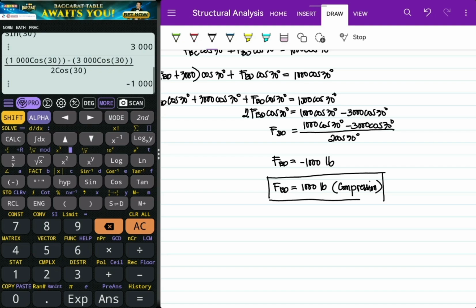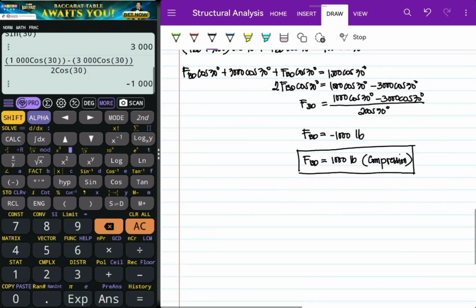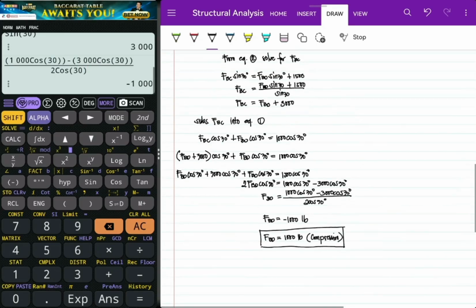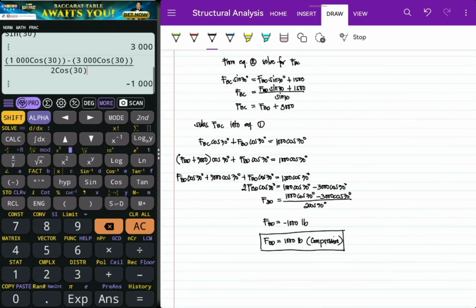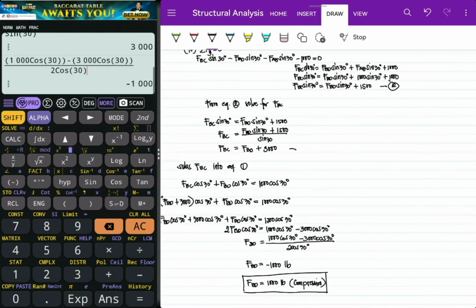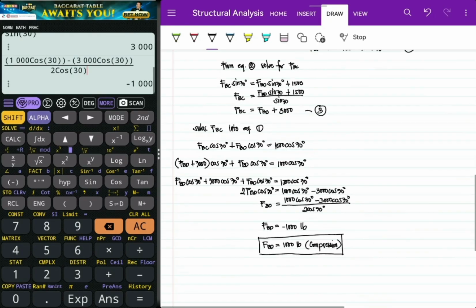This time it's tension or compression only. Next, since we're able to get FBD already, we can substitute that to BC, which is this one. Let's name this equation 3.